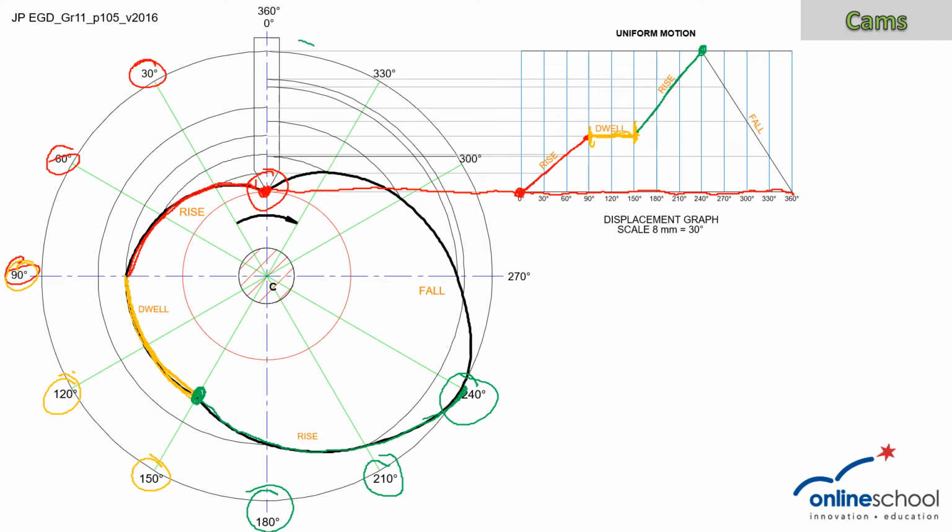That is why we always ask you to draw the light construction line all the way around your cam disk profile, so that we can clearly see where the maximum displacement is. Once it has reached 240 degrees, it's going to fall all the way back to 360 degrees, and there we also see 270, 300, 330 back to 0 degrees, a constant fall all the way back to its starting position, which is where the whole rotation starts again.